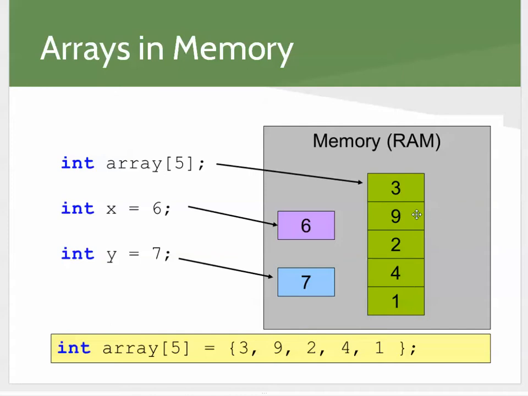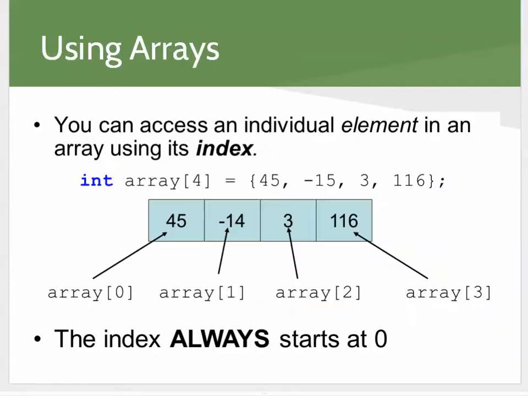Each one of these variables does have a unique name, but it's a combination of a common name, array, and an index. So to use an array, we use this index. Array 0, array subscript 0, is the name of this first element, or this first variable, and we'll call the individual variables in an array an element.